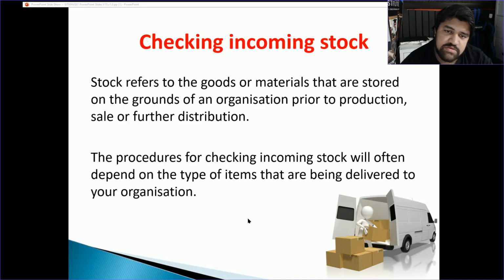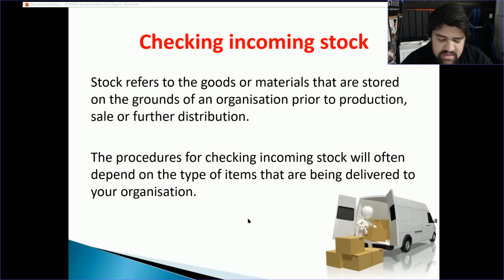Stock refers to the goods or materials that are stored on the grounds of an organization prior to production, sale, or further distribution. The procedures for checking incoming stock will often depend on the type of items being delivered to your organization. Like I said before, if you're getting dry goods, you're checking the packages and checking for cross-contamination.